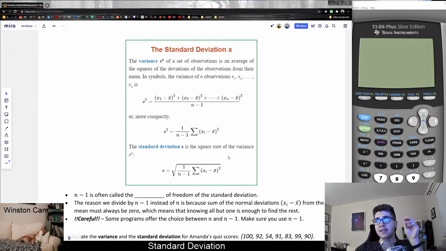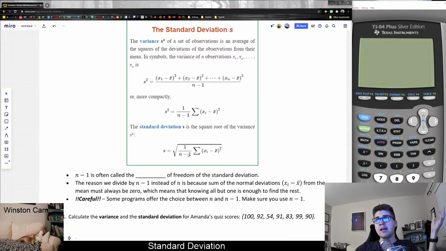We'll talk more about that as this semester progresses, but what you want to be careful about is sometimes this formula will be referenced using n instead of n minus 1, and it depends on the situation. We'll cross that bridge when we get to it. For now, just take this as the standard deviation for when you're doing calculations.